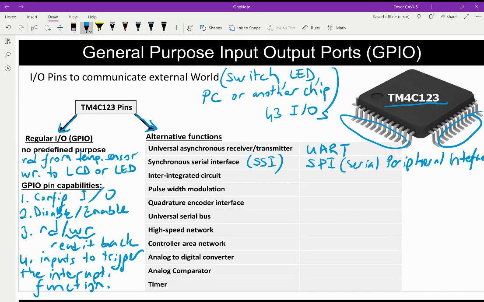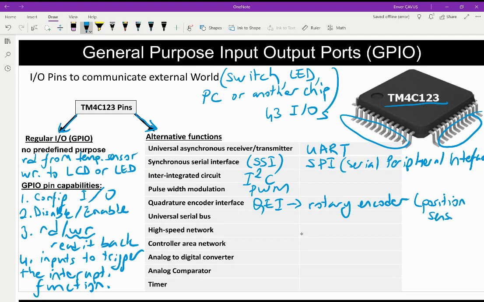Or we can use this as an I2C interface, or pulse width modulation, or quadrature encoder interface. This is usually used for rotary encoders, where you try to adjust the position of the shaft in the motor.